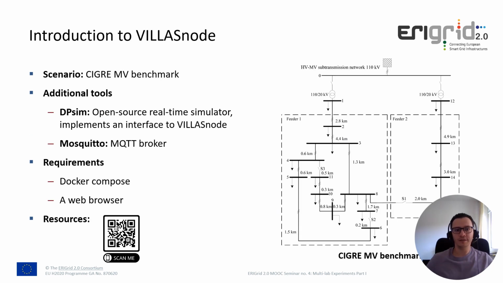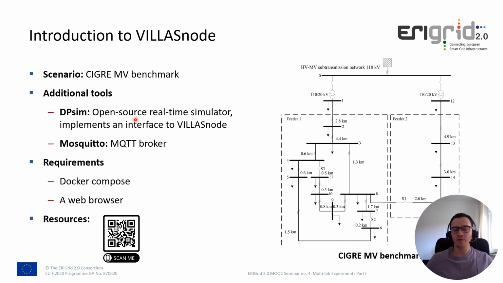Let's finalize this presentation with a short introduction to the VILLAS Node tool. The scenario that we are going to implement is based on a simulation of the CIGRE medium voltage benchmark, which is shown on the right hand side. Apart from VILLAS Node, there's a couple of additional tools.